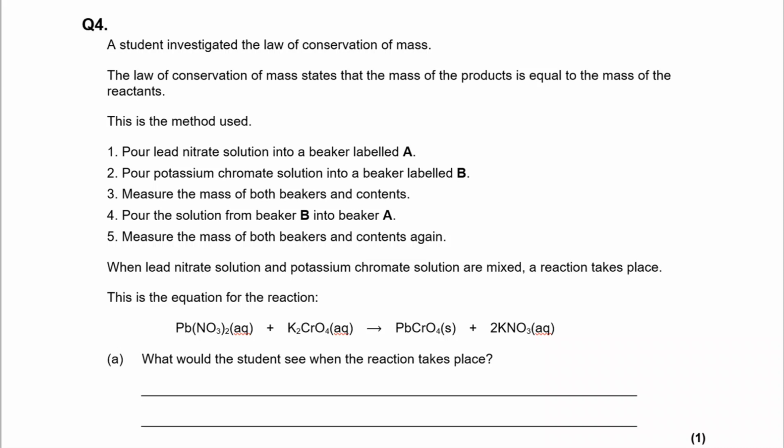We need to look at the state symbols. They are absolutely key to what we need here. And you'll notice I've highlighted these 3 as aqueous. I've taken an aqueous solution and reacted it with an aqueous solution. I have, in part, with one product, made a new aqueous solution. But I've also made lead chromate, and that's solid.